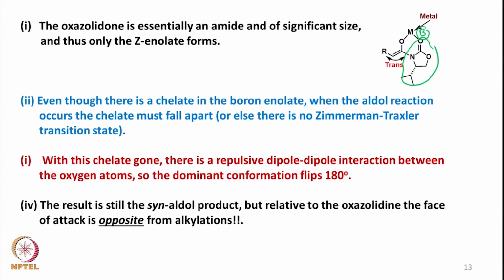The aldol reaction will occur when the chelate breaks, otherwise there will be no Zimmermann-Traxler transition state, something that we will discuss soon. With the chelate between the enolate and the auxiliary gone, there is a repulsive dipole-dipole interaction.